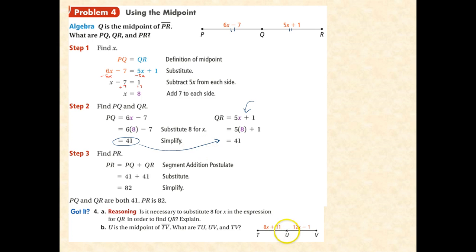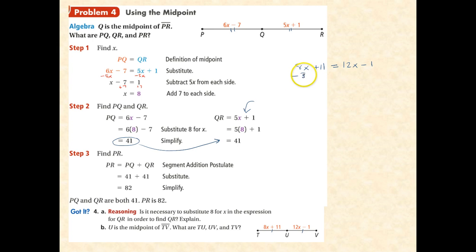So now for B, U is the midpoint of segment TV. And so what are the lengths of each segment, TU, UV, and TV? Well, these two segments are congruent, so I can set 8x plus 11 equal to 12x minus 1. I've got 8x's over here and 12x's over there.